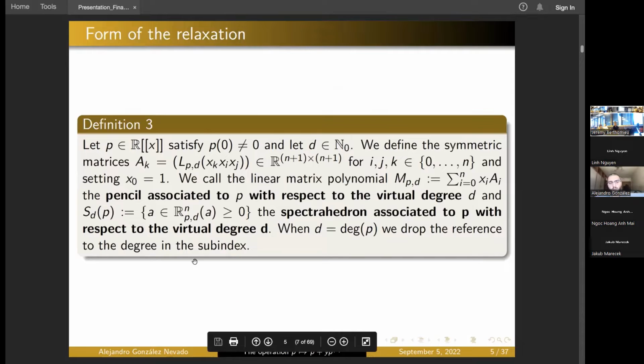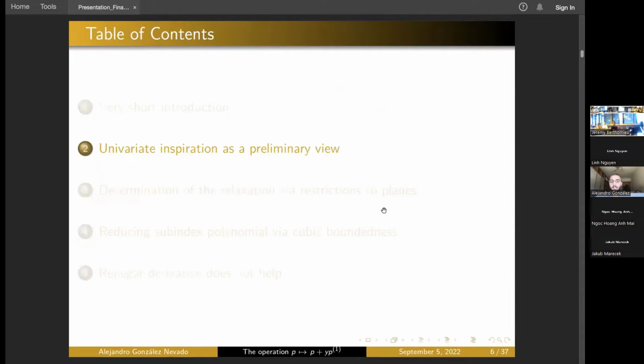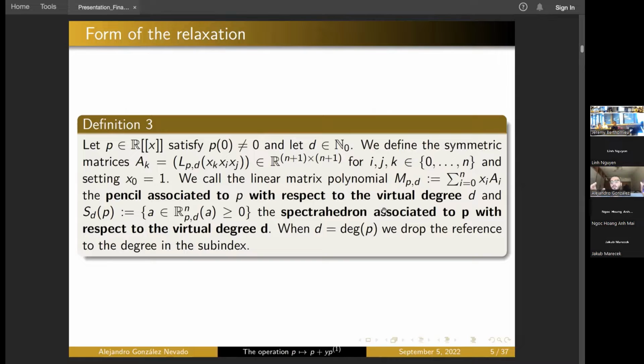With this linear form, we can construct these matrices A_K that form the matrix in the linear matrix inequality that defines the relaxation. The relaxation is SDP here, and is the set where this linear matrix polynomial is positive semi-definite. This is the spectrahedron associated to P, and this is what defines the relaxation.